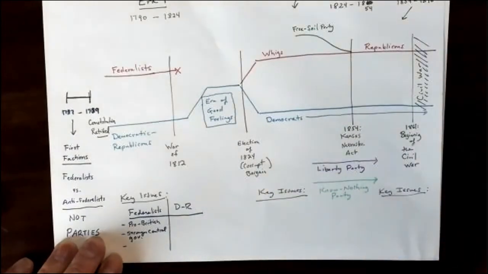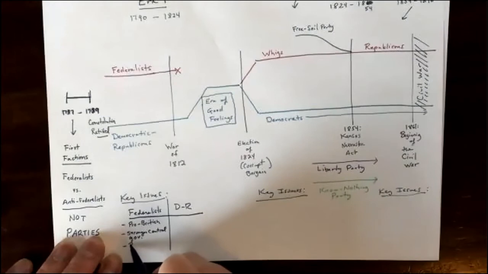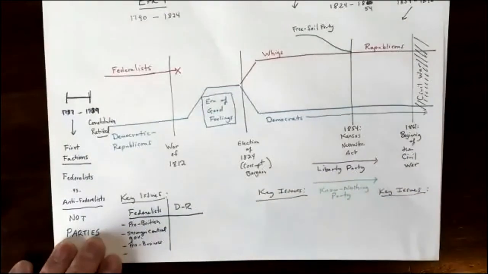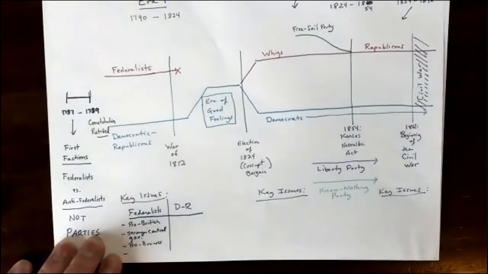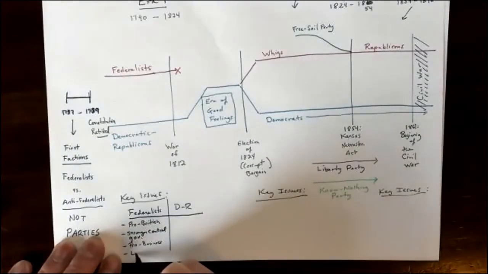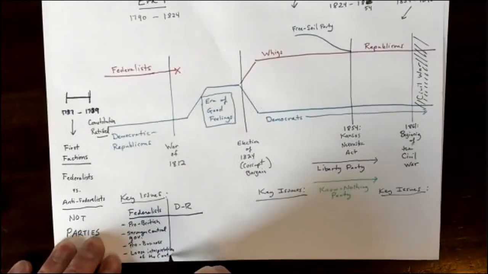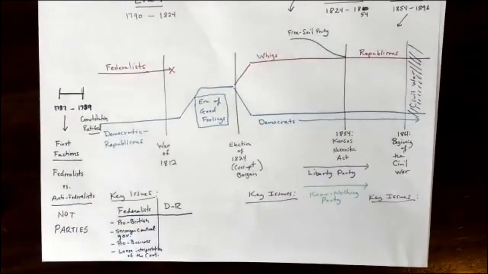They also tended to be pro-business, supporting Hamilton's financial plan, the whiskey tax, and so on. And they also finally had a loose interpretation of the Constitution. Okay, so that's the Federalists.